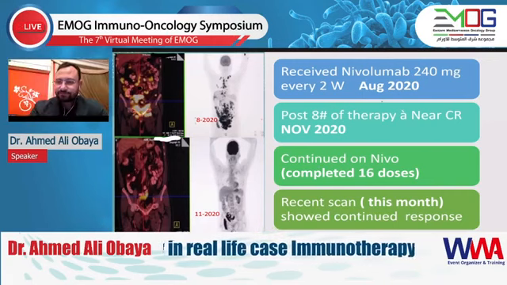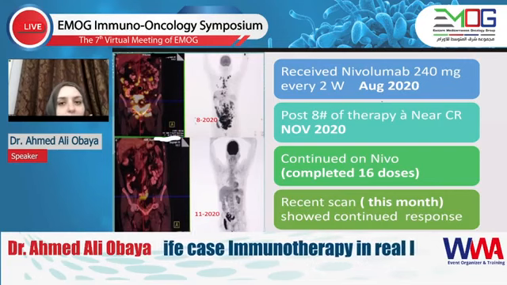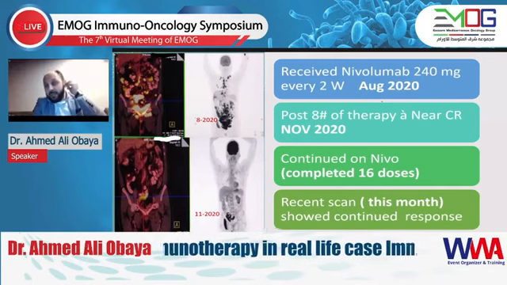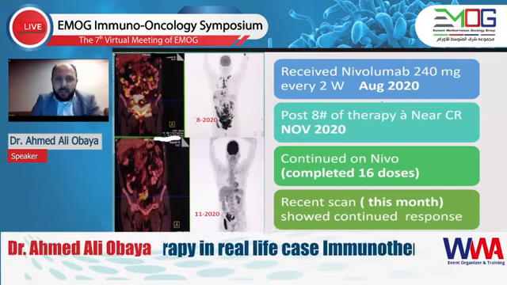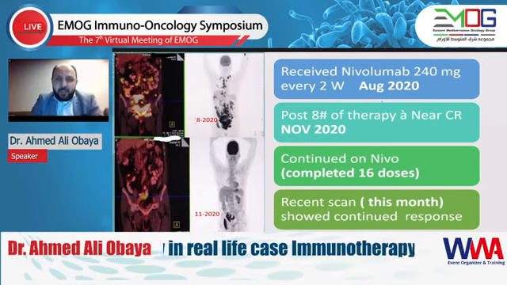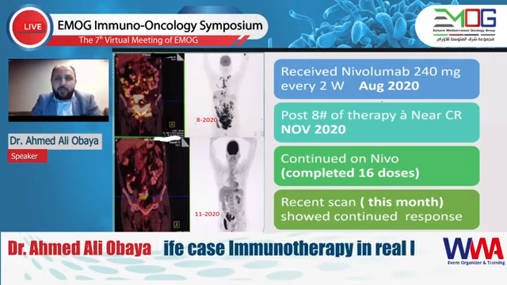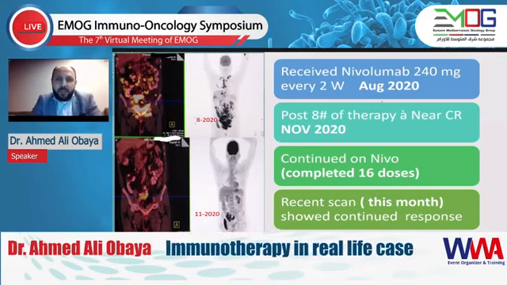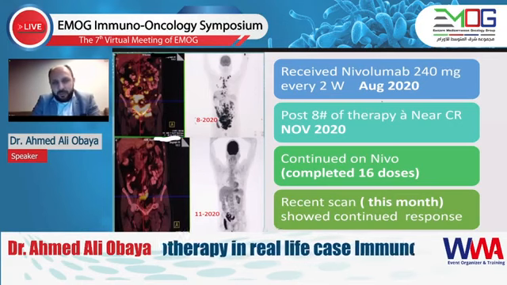Congratulations, Dr. Ahmed. It's a very nice case. But I just wanted to ask you, why did you pick Nivo? It's not a wrong choice, but just out of interest. Yes, because I have long experience with urothelial carcinoma at that time with Nivo, because it's the first PD-1 inhibitor present in Egypt, and we had more experience at the time of this case. Not only that, but in the second line we have multiple options for PD-1 or PD-L1 inhibitor.